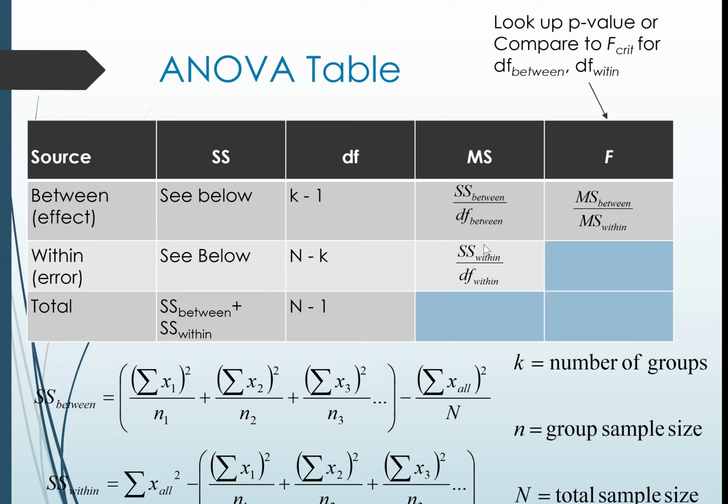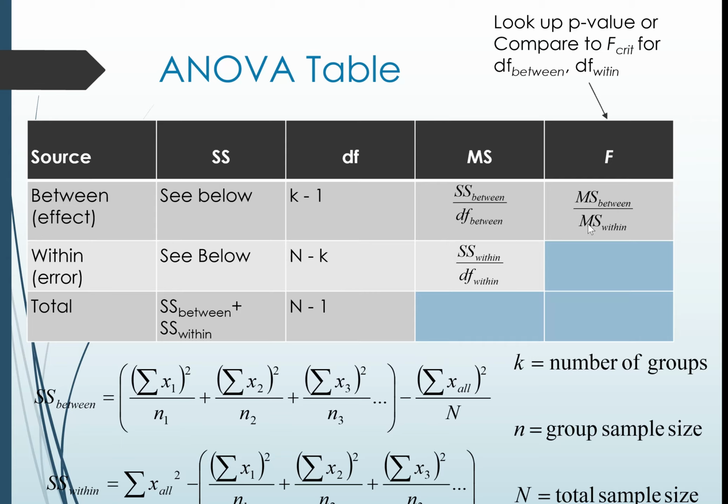All right, this is where we get closer to getting our F ratio. We would calculate the mean squared variance for effect or between by taking the sum of squares between and dividing it by the degrees of freedom between. And we would get the mean squared error variance or within variance by taking the sum of squares within and dividing it by the degrees of freedom within.